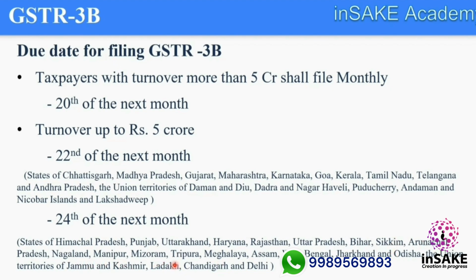These are the northeastern states, and also Odisha, the Union Territory of Jammu and Kashmir and the Union Territory of Ladakh. These are certain states specifically provided by the government, so the due date will be the 24th of the next month.